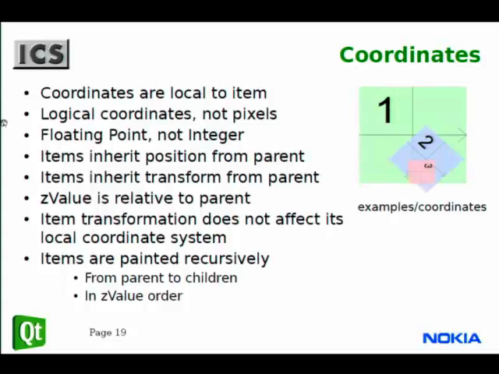The z value is relative to the parent. And an item transformation does not affect its local coordinate system. When we're painting items, they're painted recursively from parent to children in z value order.